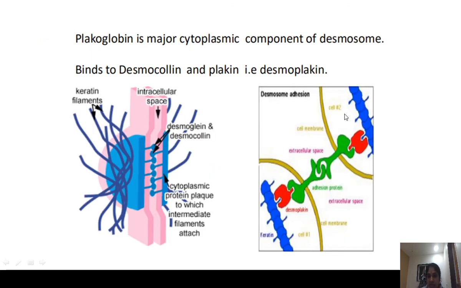You can see here it is also the same: the desmogleins and desmocollins, again desmoplakin and the intermediate filament. This is cell 1 and this is cell 2. This is the cell membrane of one cell, this is the cell membrane of the other cell, and here is the extracellular space, 25 to 35 nanometer in diameter.